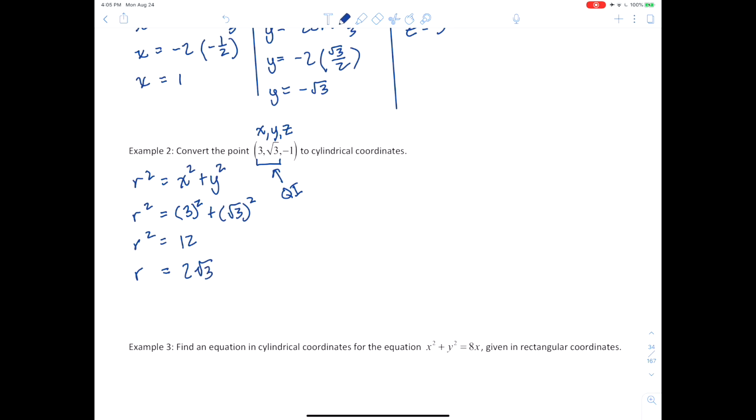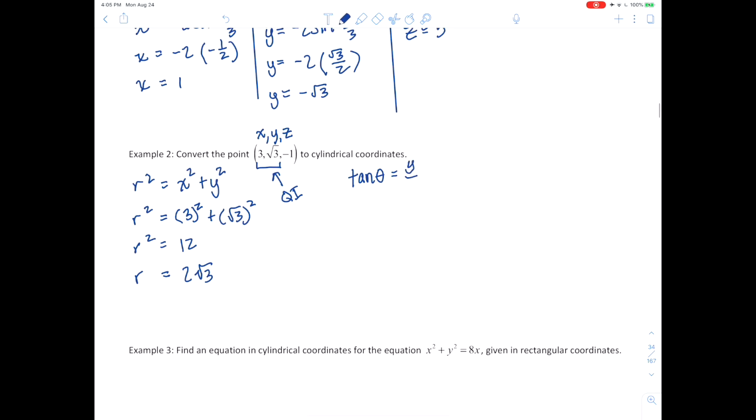All right. Now, tangent theta, this is where the quadrant comes into play, is equal to y over x. And so tangent theta will be √3 over 3. And where in quadrant 1 does that occur? At what angle? Beautiful. Theta would end up being pi over 6.